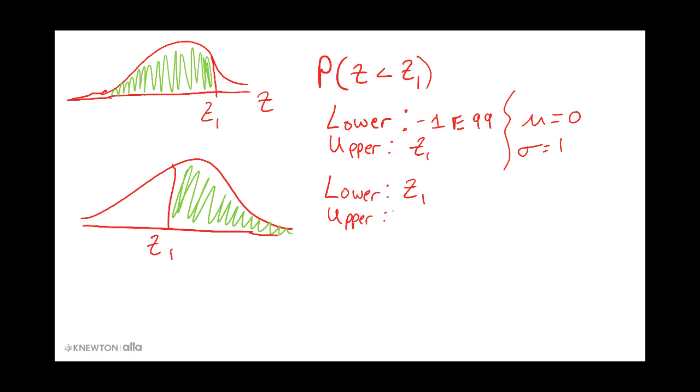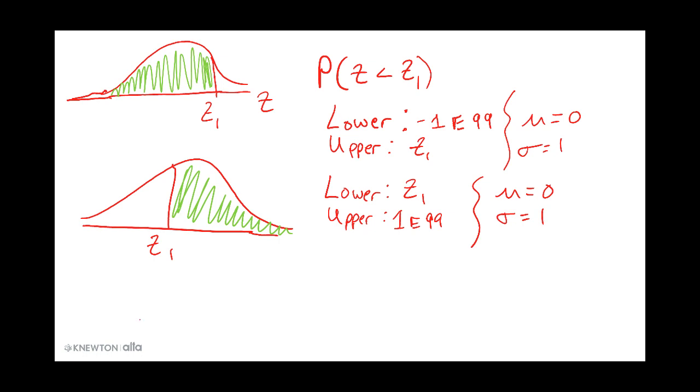In this case, it's going to be a positive infinity, which we will represent by a positive 1E99. I'll show you how to type this E in the calculator in just a second. Because we're still dealing with the z distribution, the mean is 0 and the standard deviation is 1. If you have a different type of normal distribution, they will tell you the mean and the standard deviation, just like in the problem we saw a minute or two ago.